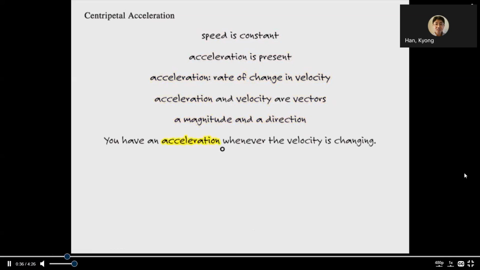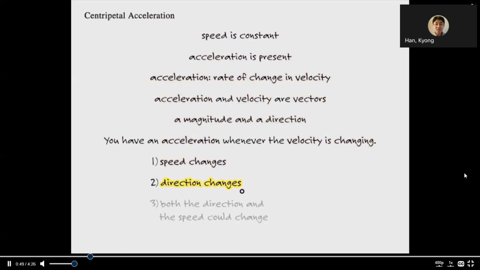So you have an acceleration whenever the velocity is changing. That would be a change in magnitude, the speed changes. A change in just direction, but the speed stays the same. Or both the direction and the speed could change. In centripetal acceleration, the speed is constant. So we have an acceleration simply because the direction is changing.